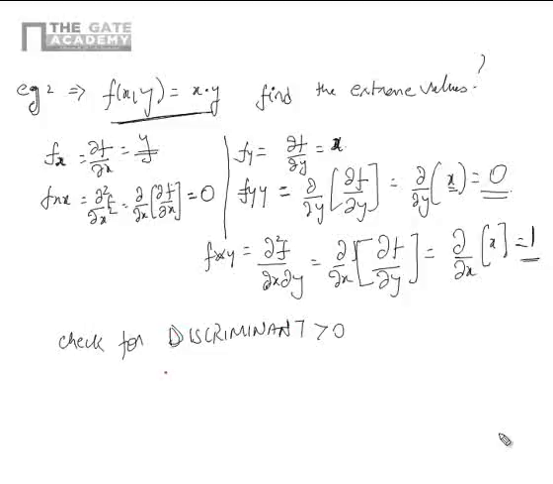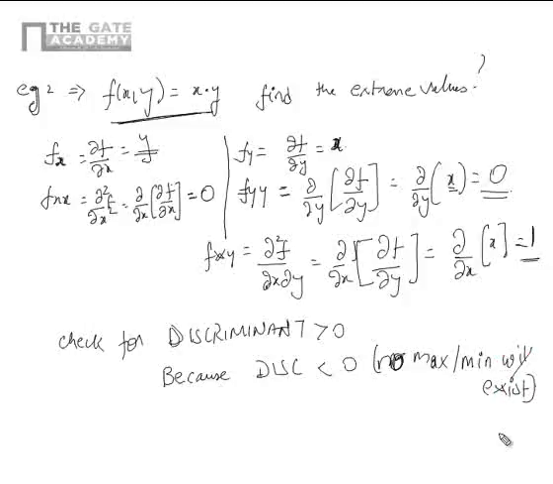Why are we doing this? Because discriminant less than 0 means no maxima or minima will exist. Correct? This is a very important point.